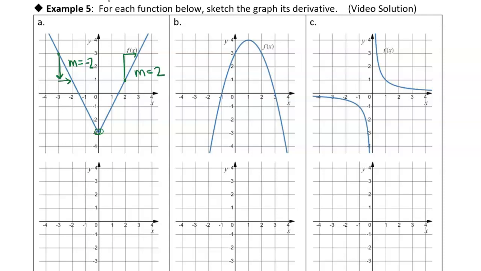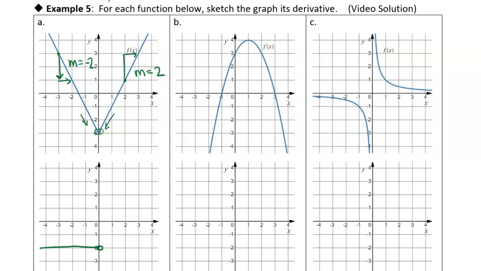So what does the derivative look like? It's just going to be a constant -2 until we get to 0. Now I'm going to put an open circle at x equals 0 because I really don't know what the derivative is at that particular point. If I approach it from this direction, the slope looks like 2.